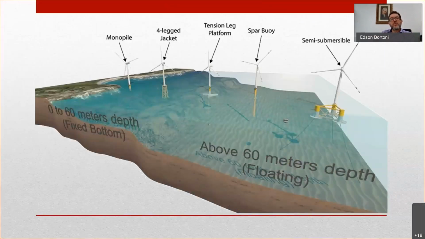So it is a little bit different in how to fix the turbines. When you have less than 60 meters of depth, you can use a fixed bottom. When you have more than 60 meters of depth, you use floaters.